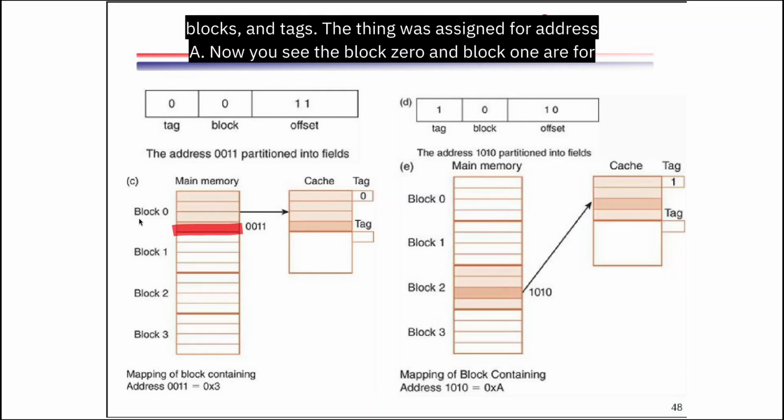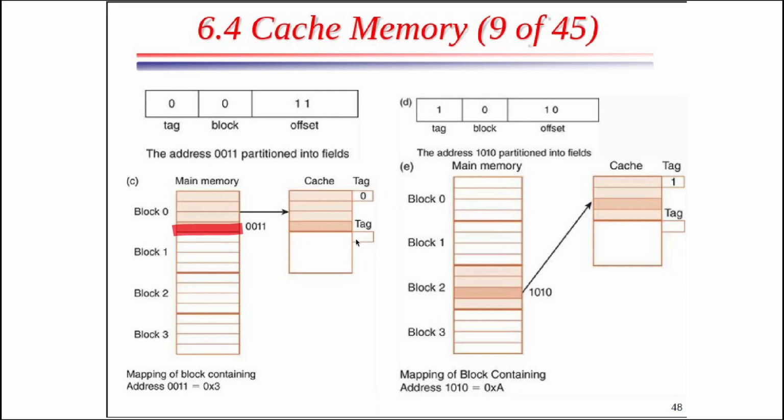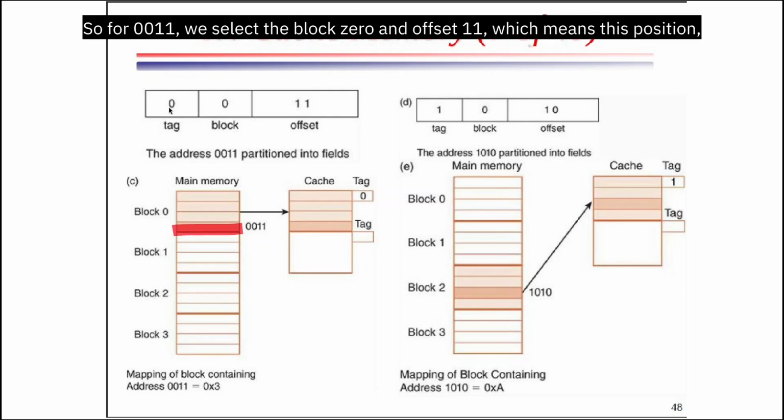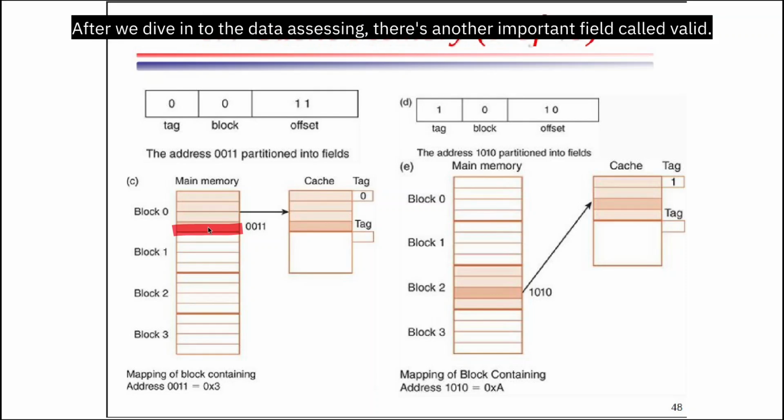Now you see block 0 and block 1 are for tag 0, and block 2 and block 3 are for tag 1. So for 0011, we select block 0 and offset 11, which means the first position of block 0.